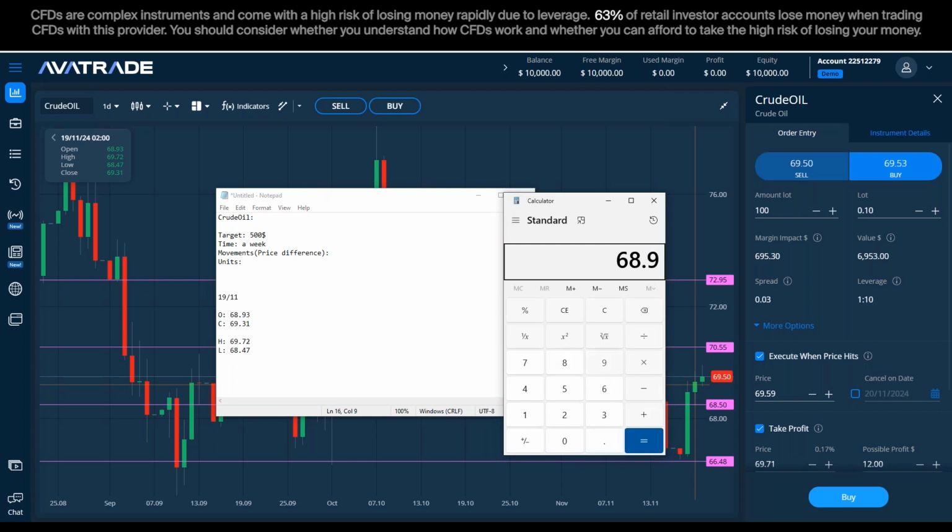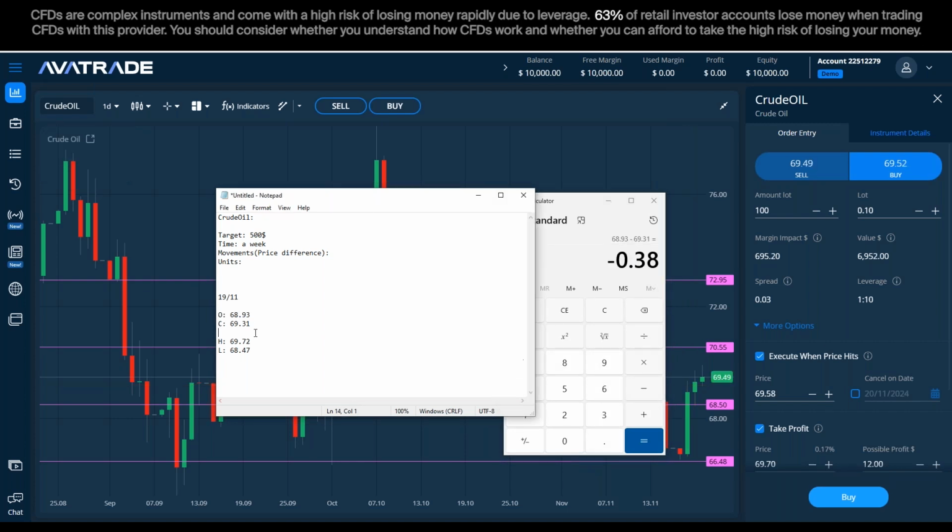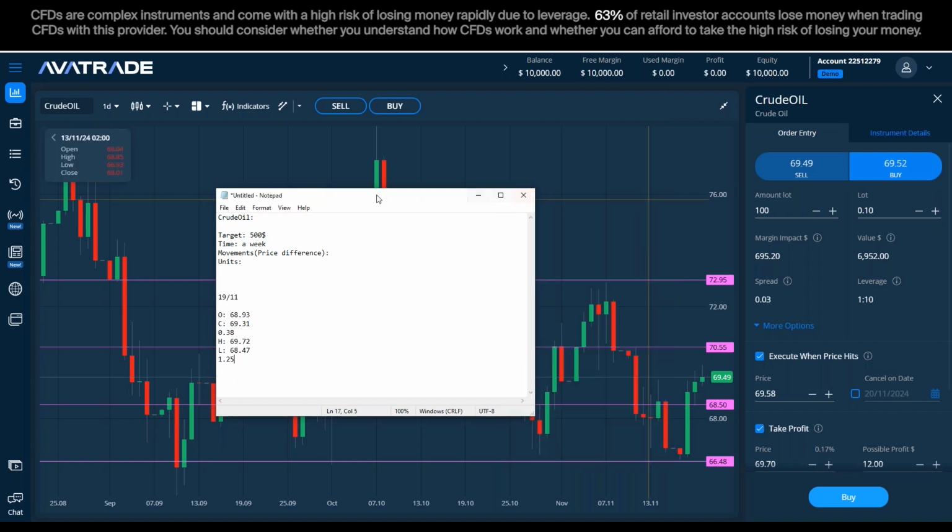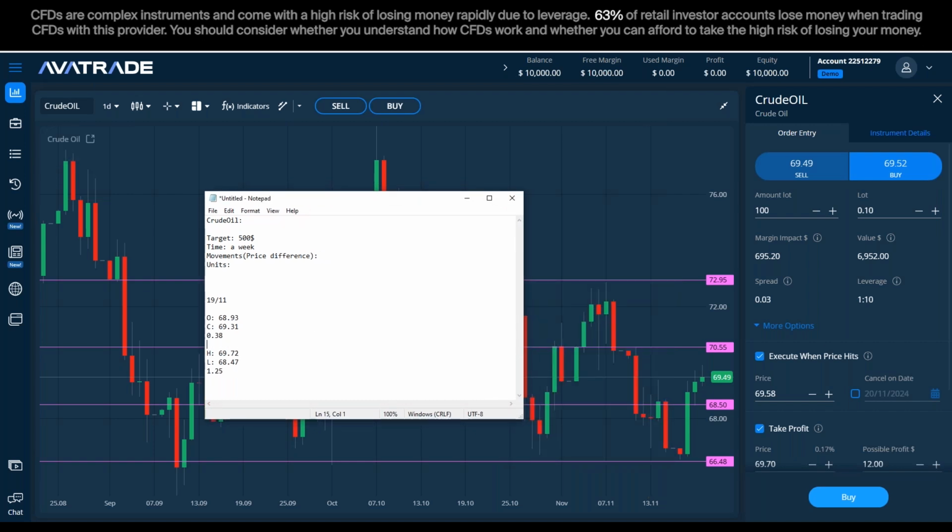So that's 68.93 minus 69.31, and then 69.72 minus 68.47, which is 1.25. Now we see that yesterday oil has moved from 68.93 all the way up to 69.72.